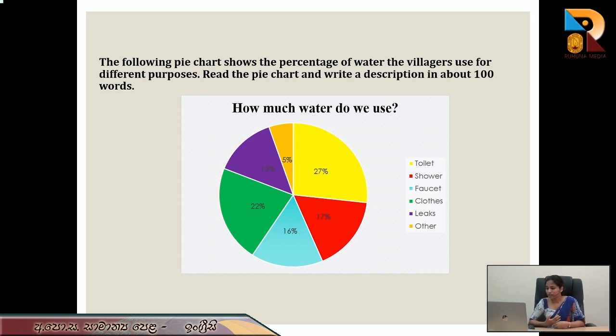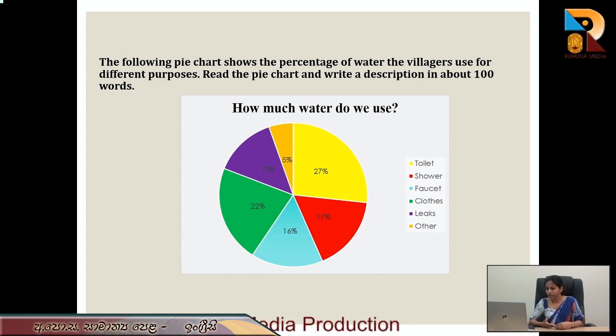And let's see, if you are to describe this pie chart, how could you do it? You can start with, this pie chart represents the percentage of water usage for several purposes. And you can name the purposes, right? And you can say the pie chart consists of 6 slices, which are toilet, shower, faucet, cloth washer, leaks, and other.